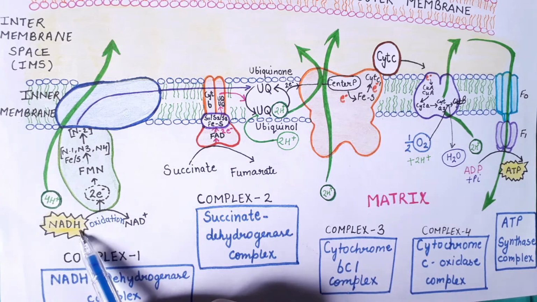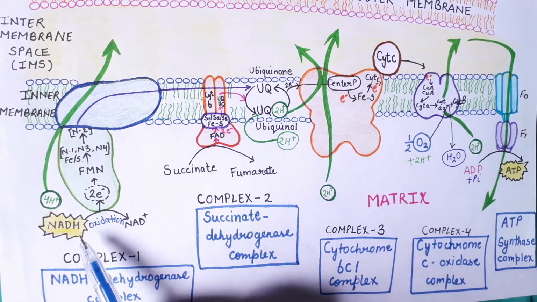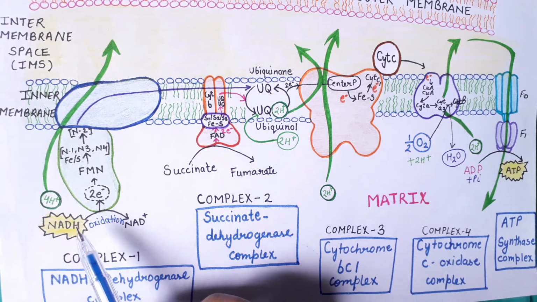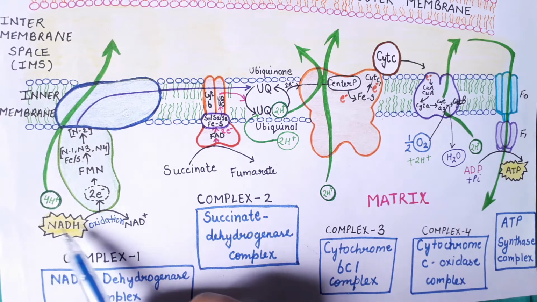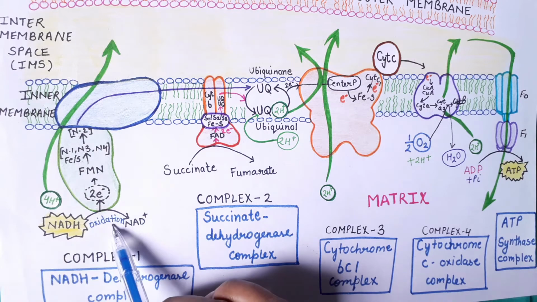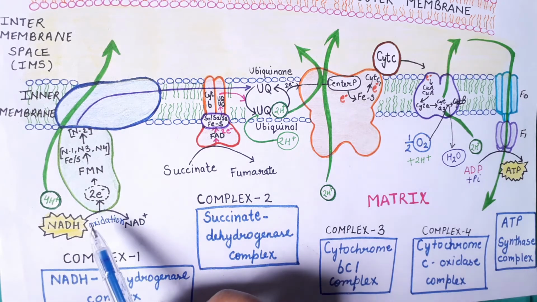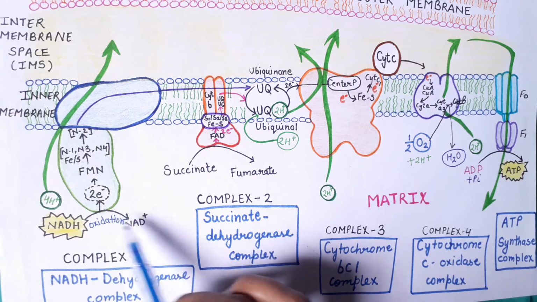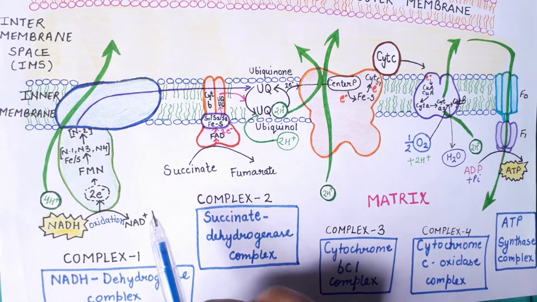So the NADH that we have gained earlier in glycolysis as well as in the Krebs cycle is used here. Firstly, the NADH undergoes oxidation, that is, there is loss of electrons from NADH and it converts into NAD.